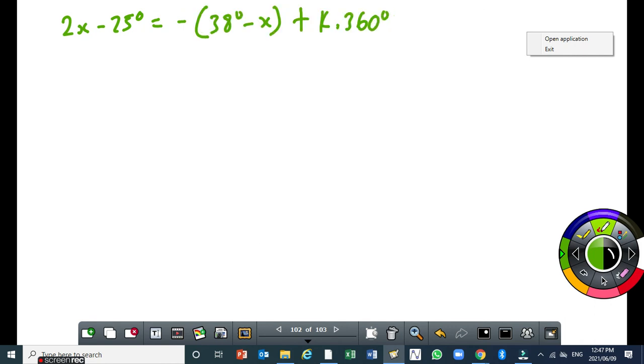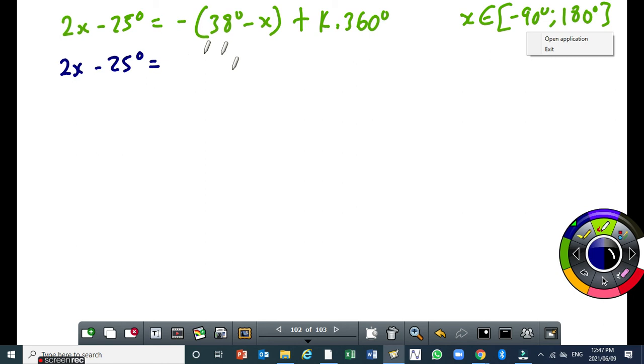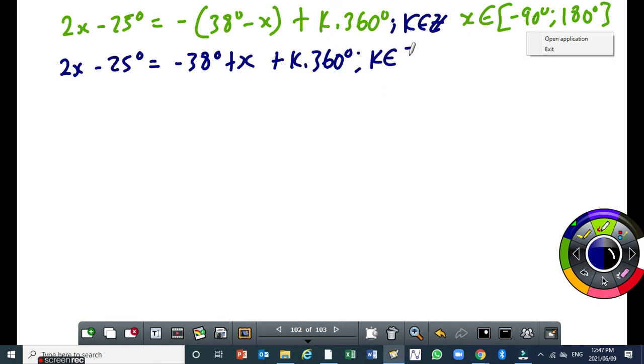Remember, our x is supposed to be between minus 90 and 180 degrees. Already we found two values. So this will become 2x minus 25 equal to minus 38 degrees plus x plus k times 360, where k is an element of z.